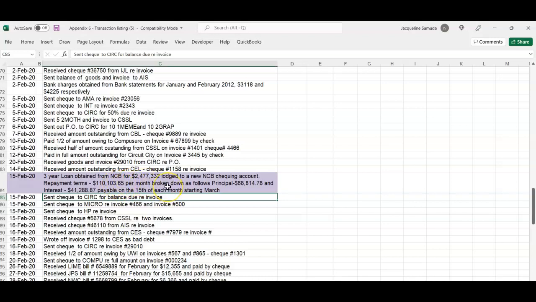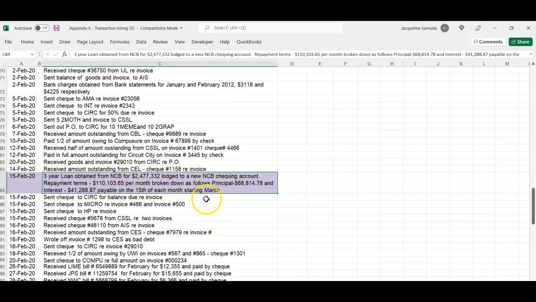And for that first payment you made in March, remember now, you will get the loan in February, but you start repayments the 15th of each month starting March. So basically you only have one repayment to consider, and they broke it down for you between principal and interest.